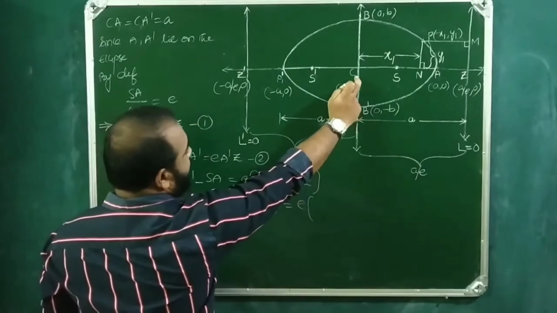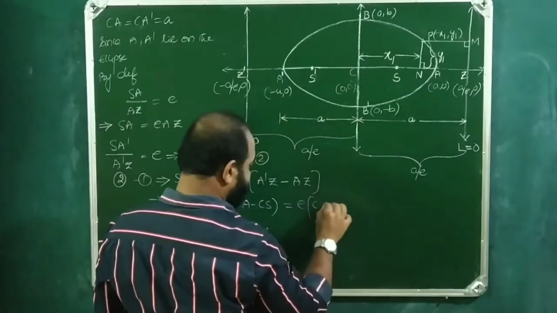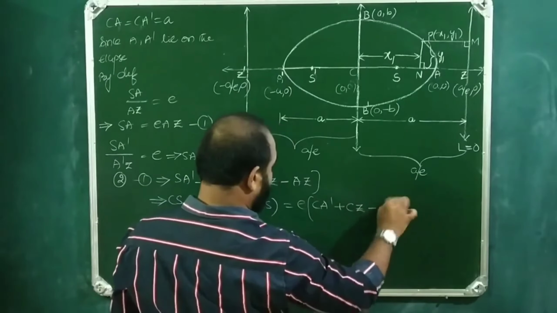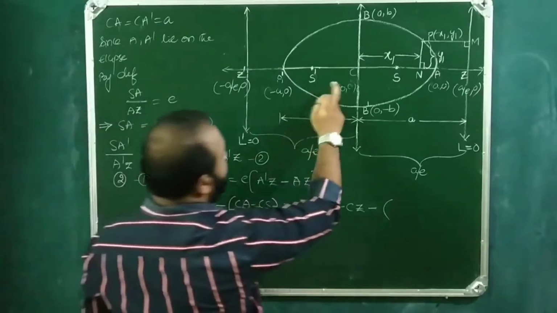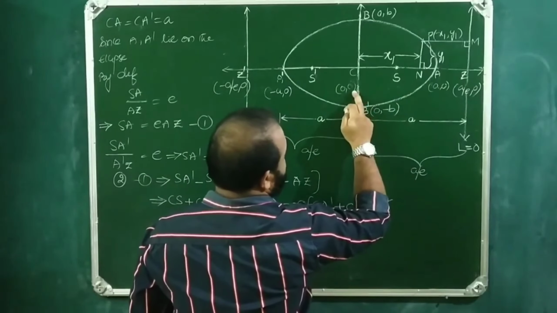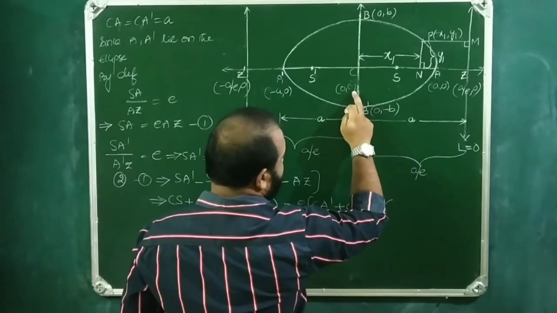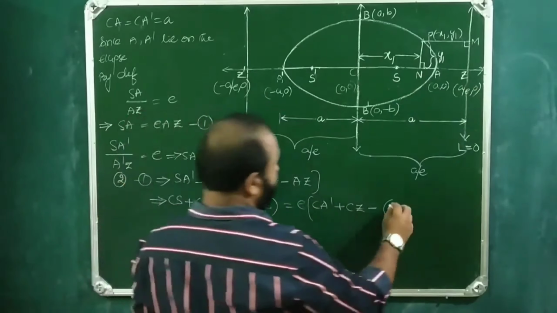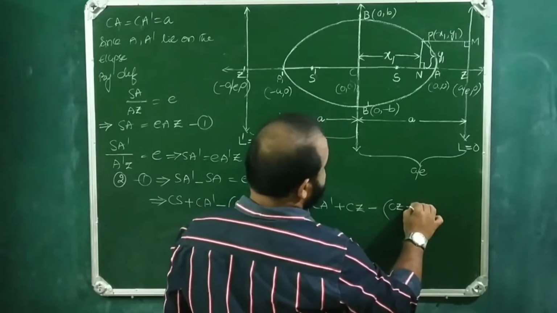This can be written as CA dash plus CZ, minus AZ, so subtracting CA from the total CZ, so CZ minus CA.